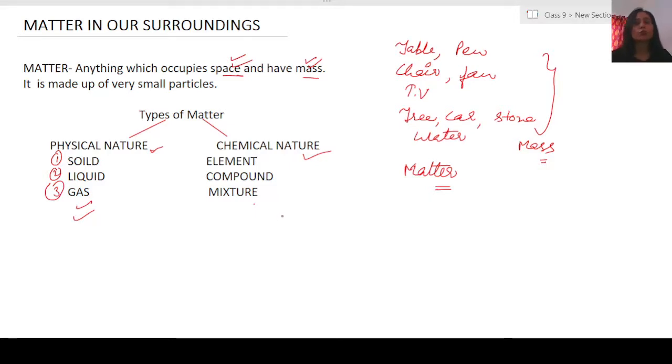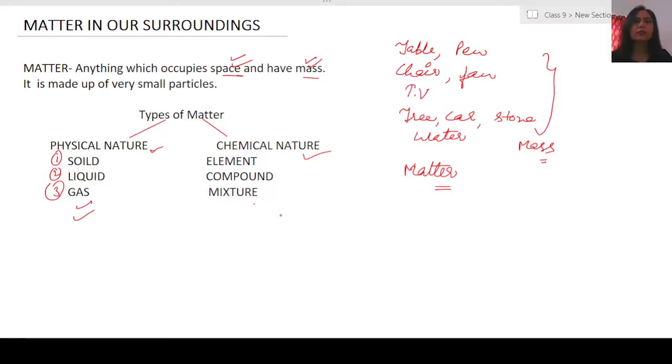So to understand the things around us, this quest has led to the term matter basically, and matter is a very modern term. Since the ancient time or the earlier times, the Indian philosophers used to say that the materials or the things around us are basically made up of the 5 elements.